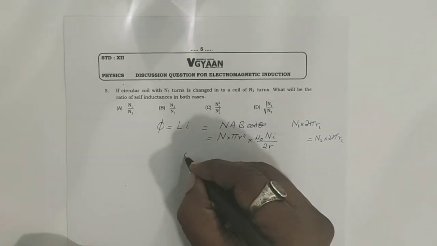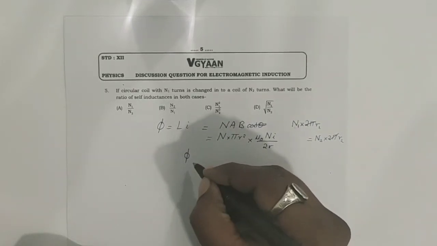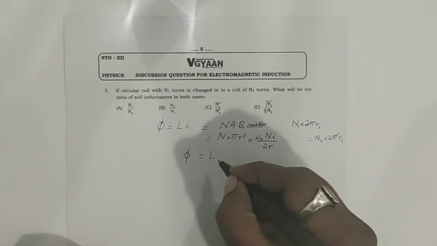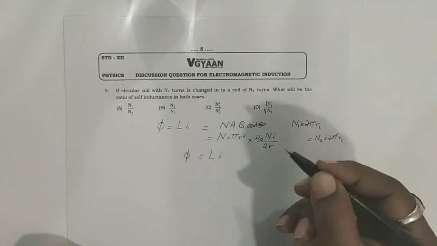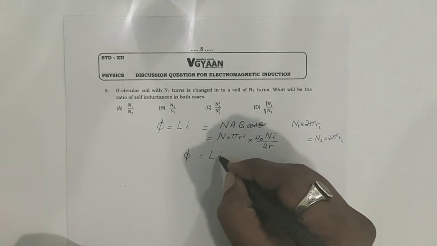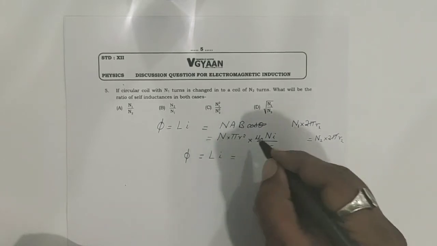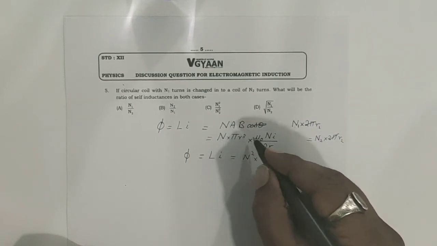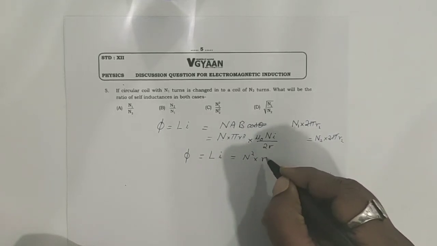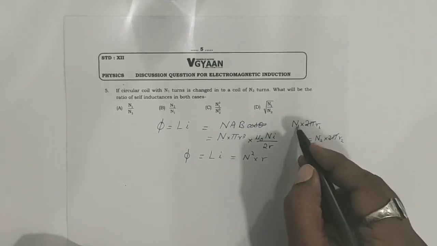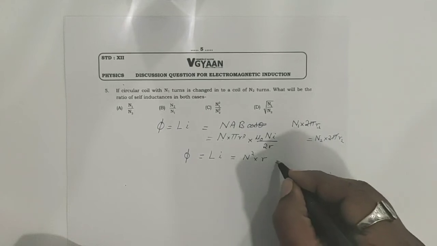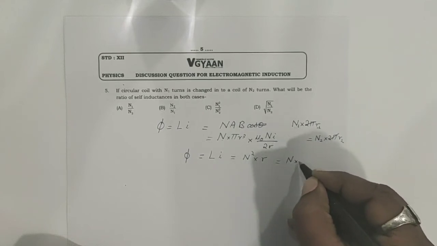So what I see over here is the flux associated with the coil, which is coefficient of self-inductance multiplied by current. The coefficient of self-inductance will be N into N, that is N square, into R square upon R, that will be R. Now over here N1 R1 is equal to N2 R2, that means the product NR is constant. So this into NR, this is also constant.